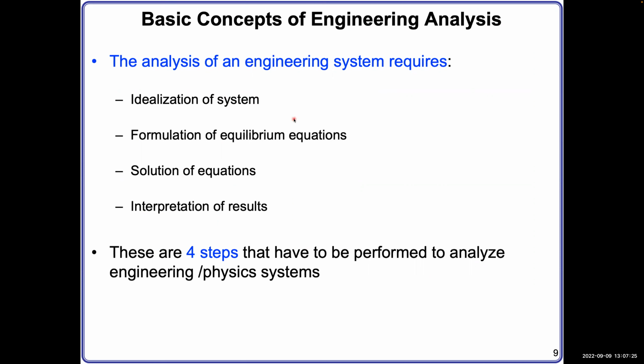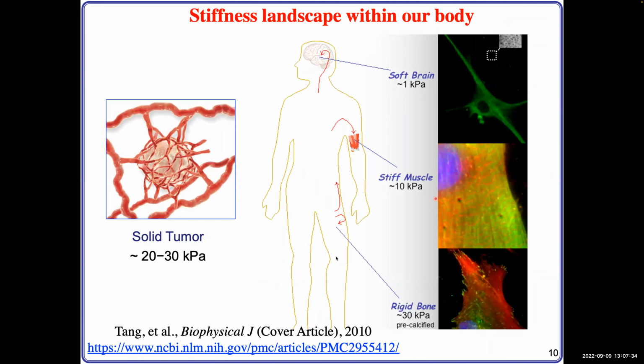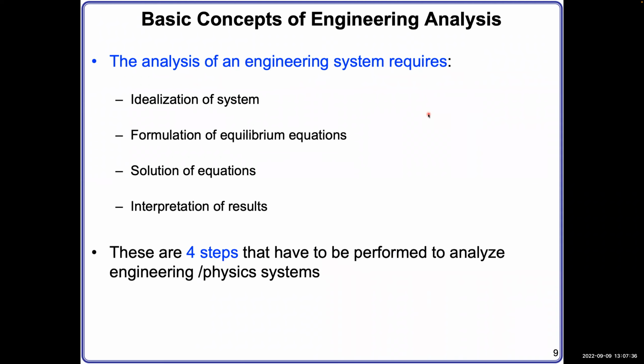Okay, so what I'm showing you here is I want you to know that in our class we don't need to consider those complicated cases for now. You first focus on understanding how to use finite element to analyze static structural mechanical systems. No biological system is involved for now.